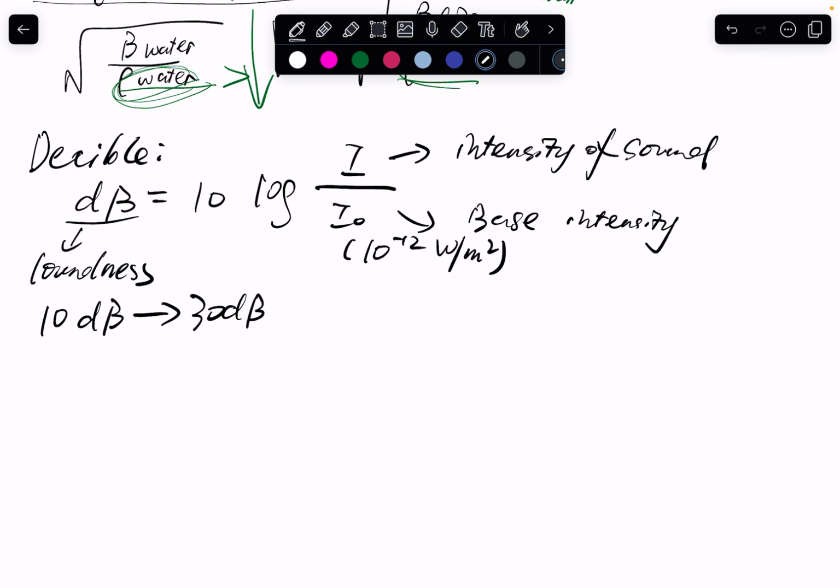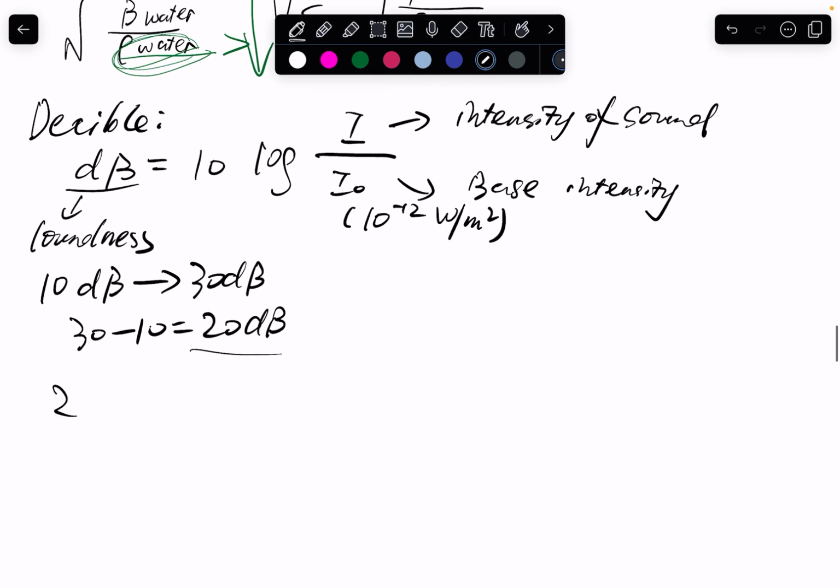How you do this is that the change, the delta decibel, is 30 minus 10 equals 20 decibels. That's the difference of the decibel. So we can use the difference of the decibel to calculate the difference of the intensity. So 20 decibels equals 10 log I over I naught.